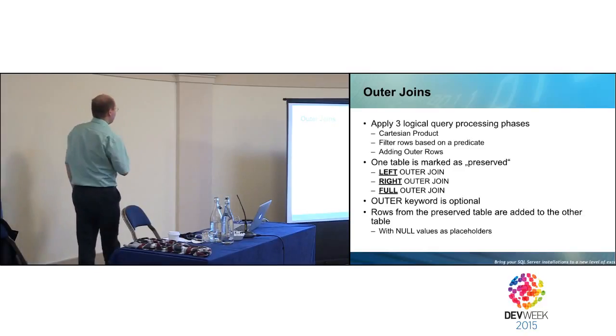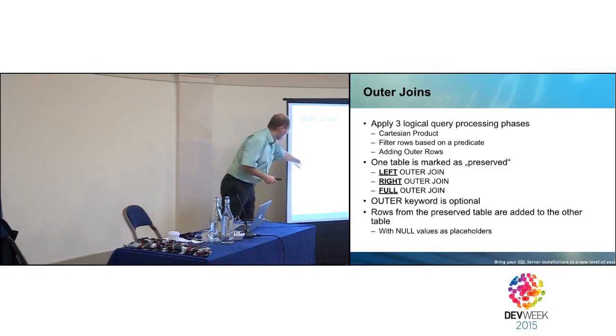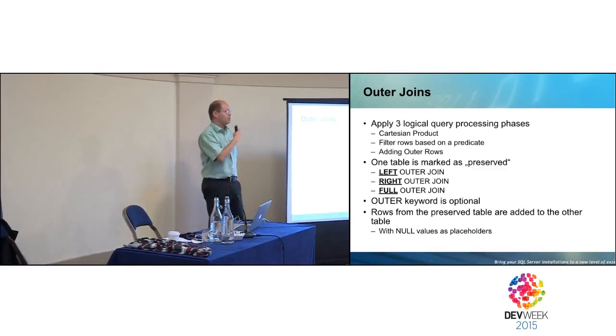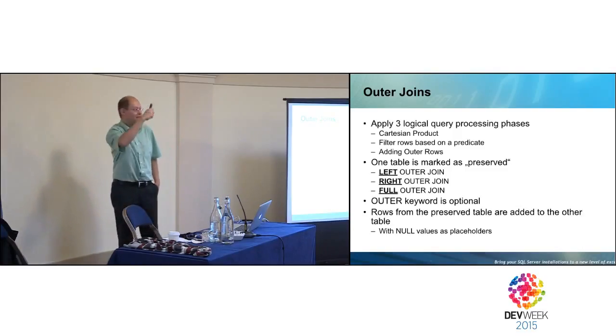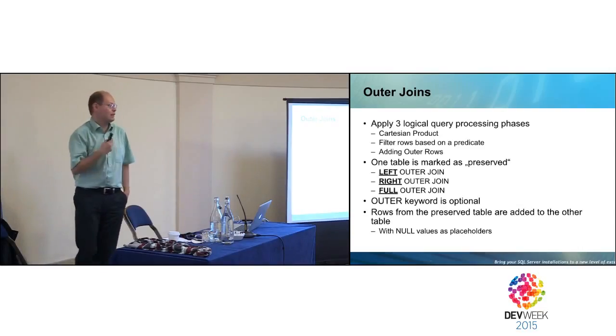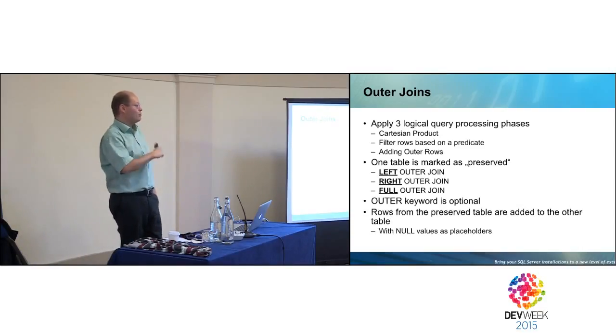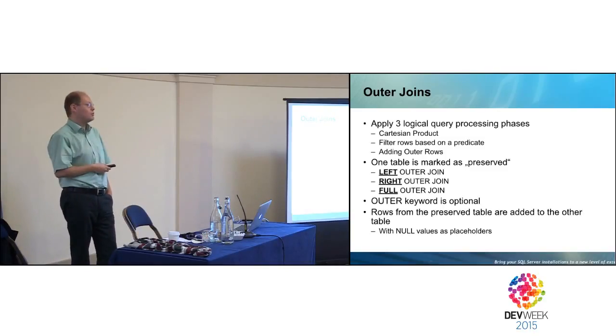When we perform an outer join, we can mark one or both tables as preserved. When you make a left join between table A and B, you will get back all rows from table A. And for these rows where you have no matching records in table B, SQL Server adds for the columns of table B so-called null extended rows.